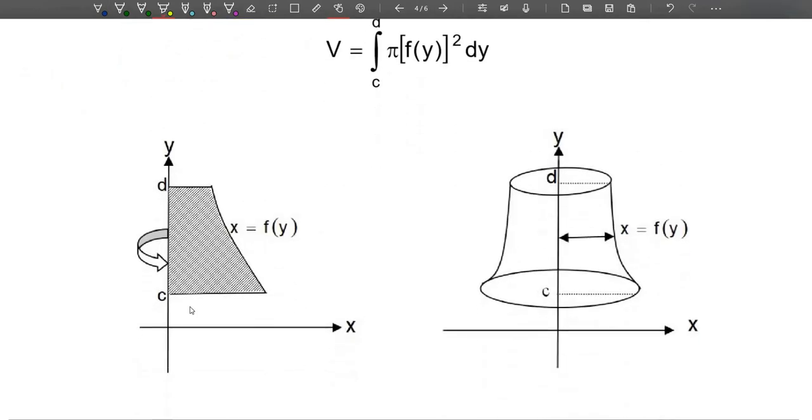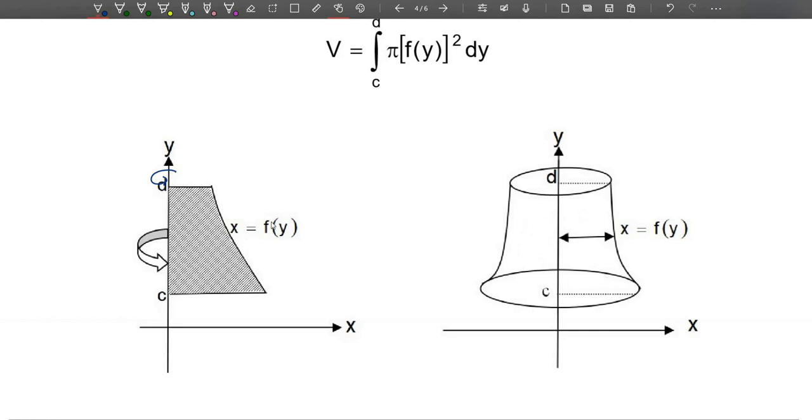As you can see in this figure, this is an example of the region that we are going to rotate, and this would be the image of it. When we rotate it about the y-axis, this will be the volume, the figure.